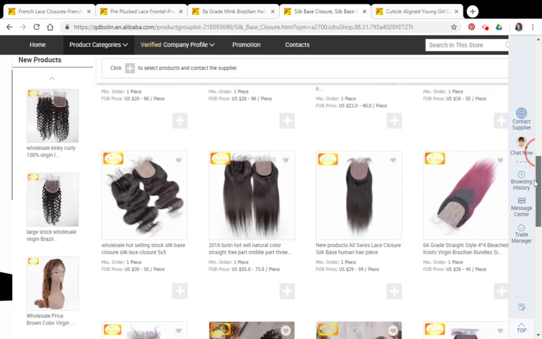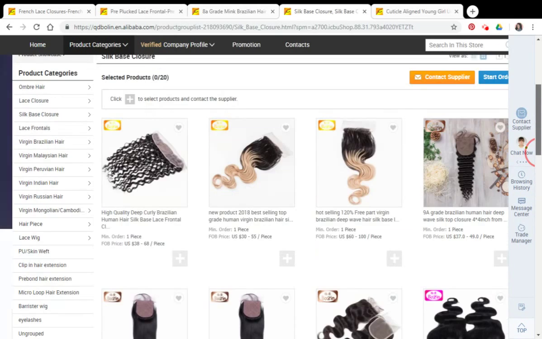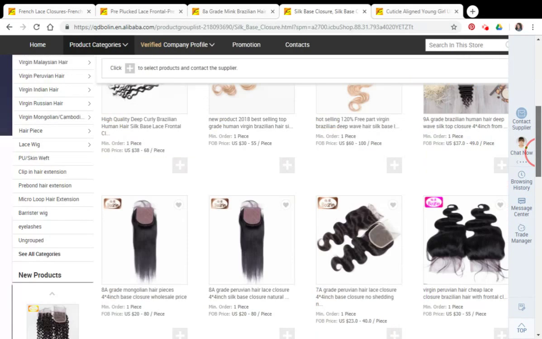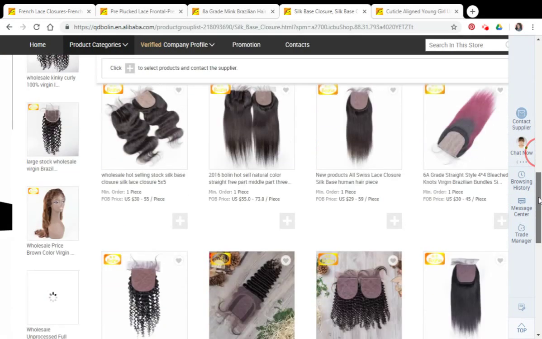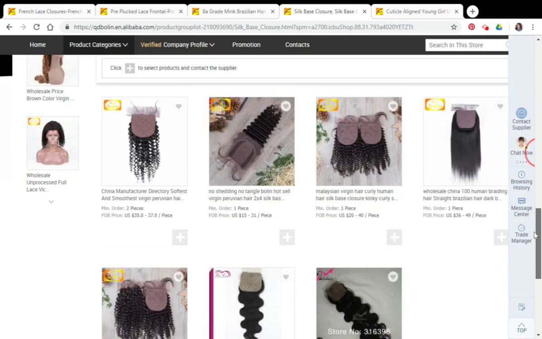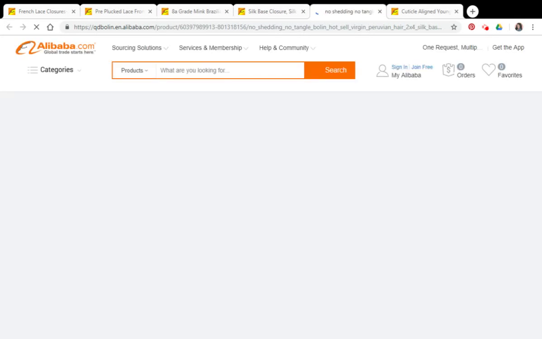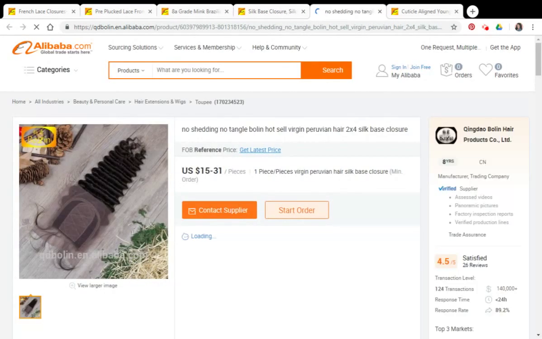So we're looking at the photos, and this is a different type of frontal or closure piece. It's called a silk-based closure piece, if that's something that you are interested in as well. The difference with the silk-based closure pieces is that they have a skin-like appearance. Some people like them, some people don't.